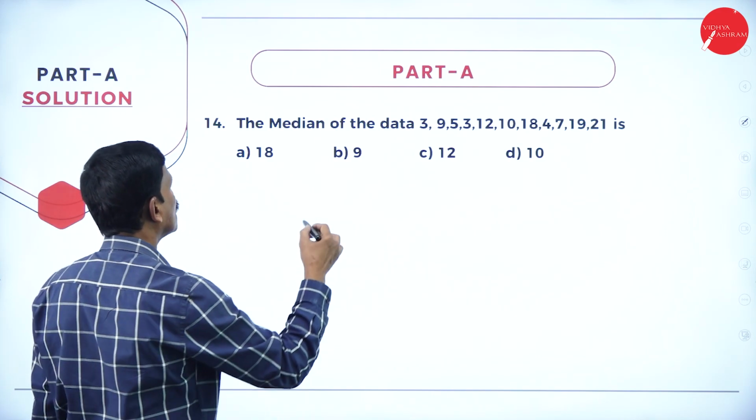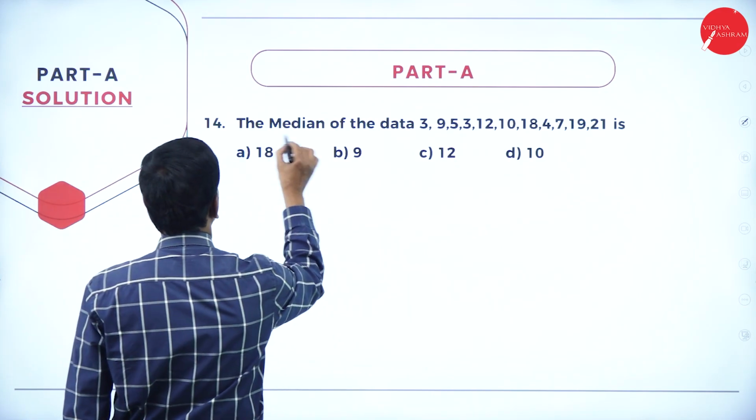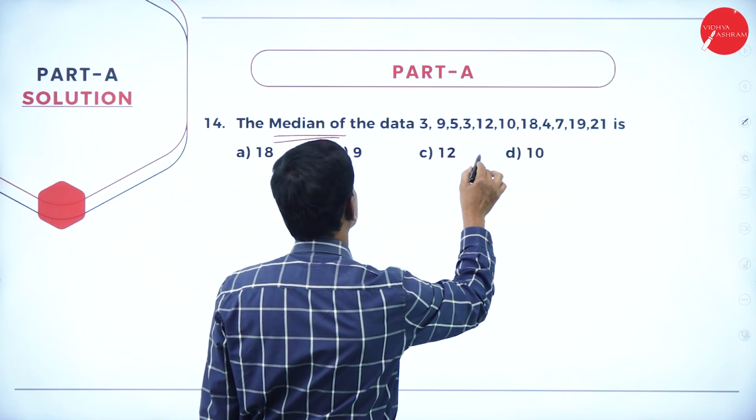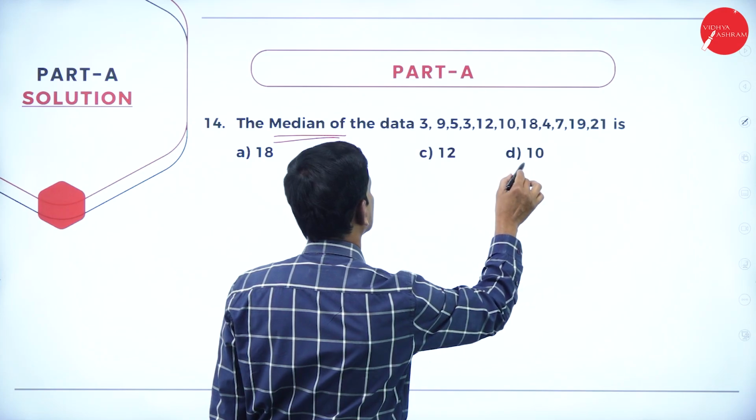The median of the class, this is given. Now, the median of the data, what is given? 3, 9, 5, 3, 12, 10, 18, 4, 7, 19 and 21.